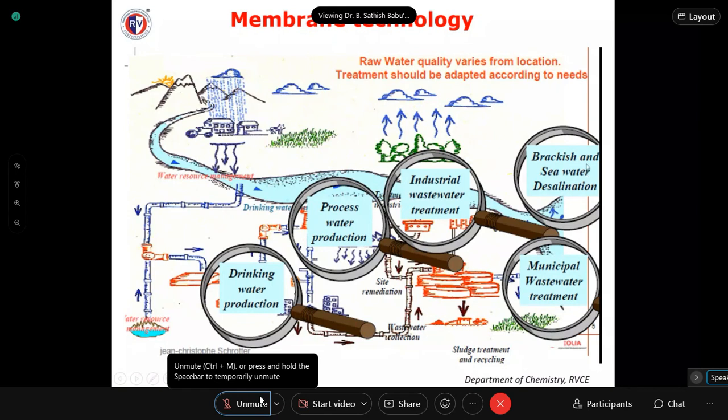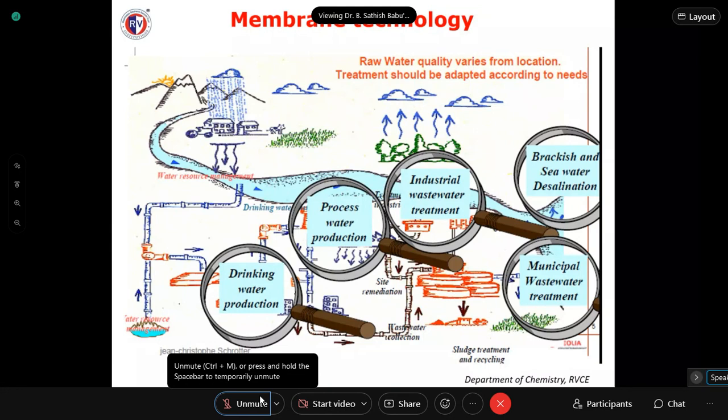And you have to convert brackish water into drinking water, that is potable water. Brackish water means sea water which contains the highest percentage of dissolved salts, right? That will be done by desalination. Desalination is nothing but removal of the salts from water. So it is called desalination.